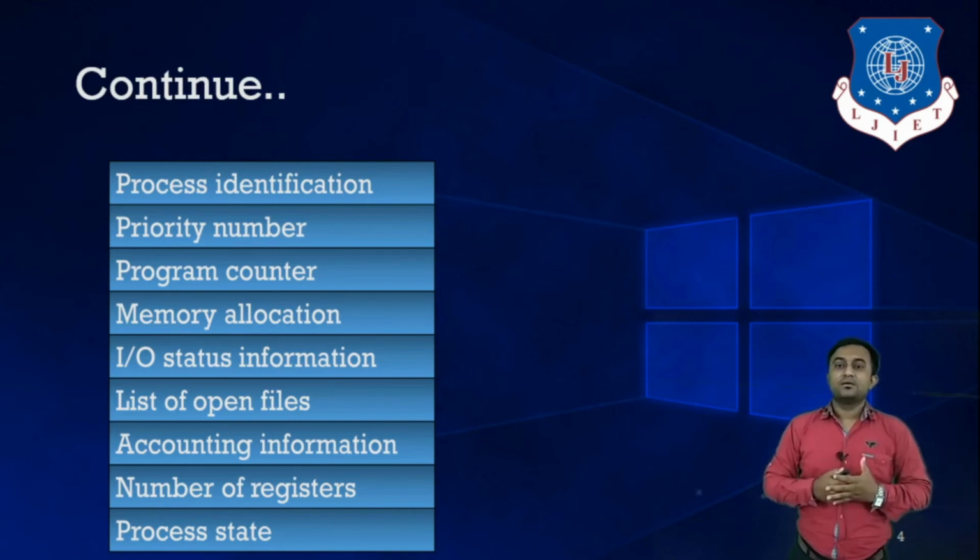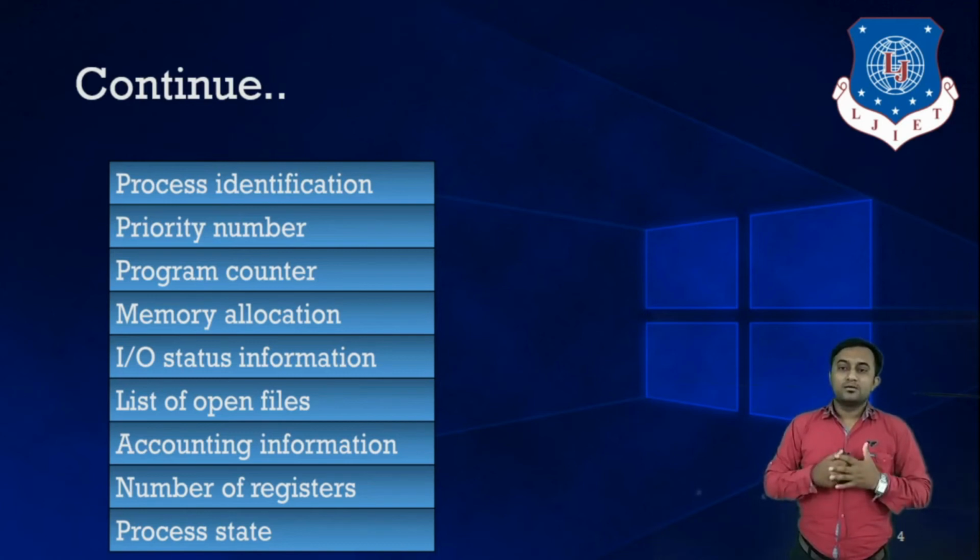The another field is IO status information. IO status information means input output status information. Each and every process will maintain whatever input output devices it is using for its execution. So that information is stored in this particular field.